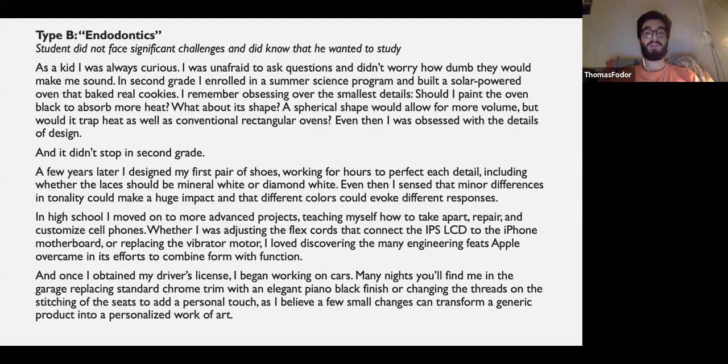I love discovering the many engineering feats Apple overcame in its efforts to combine form with function. And once I obtained my driver's license, I began working on cars. Many nights you'll find me in the garage replacing standard chrome trim with an elegant piano black finish, or changing the threads on the stitching of the seats to add a personal touch, as I believe a few small changes can transform a generic product into a personalized work of art.